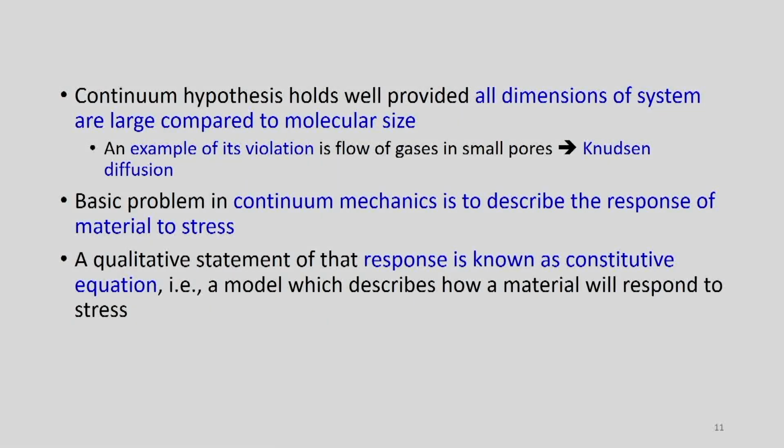It does not hold good for something like diffusion in pores, Knudsen diffusion etc., or nano and micro scale devices where the dimensions of the system are comparable with the molecular size. So, in such small devices, the continuum hypothesis in general does not hold good.